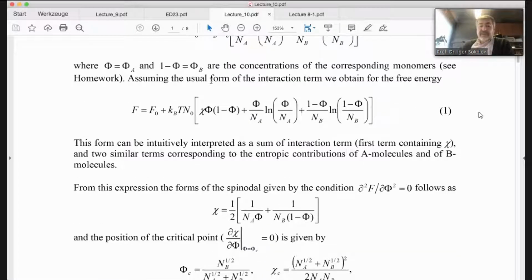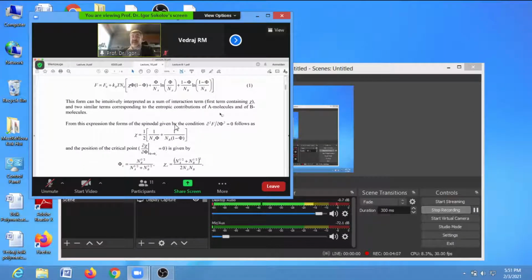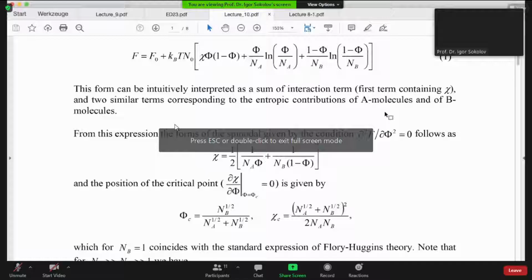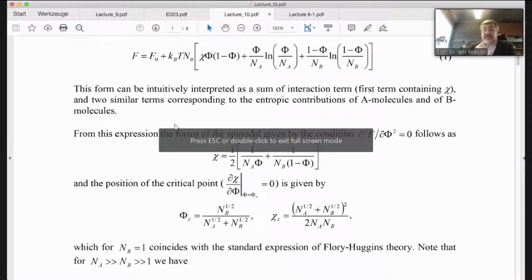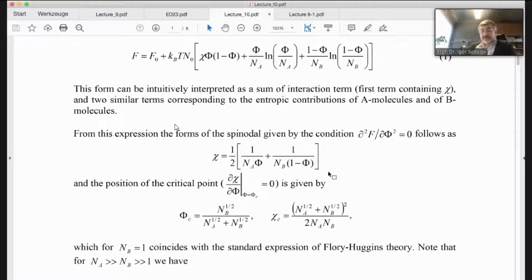Now, if I have this free energy, I can calculate its derivative in phi, and then its second derivative in phi, and then putting the second derivative equal to 0, I get the spinodal. And since the calculations are identical to what we have done, I can immediately put down the equation for the spinodal, and this looks like this.